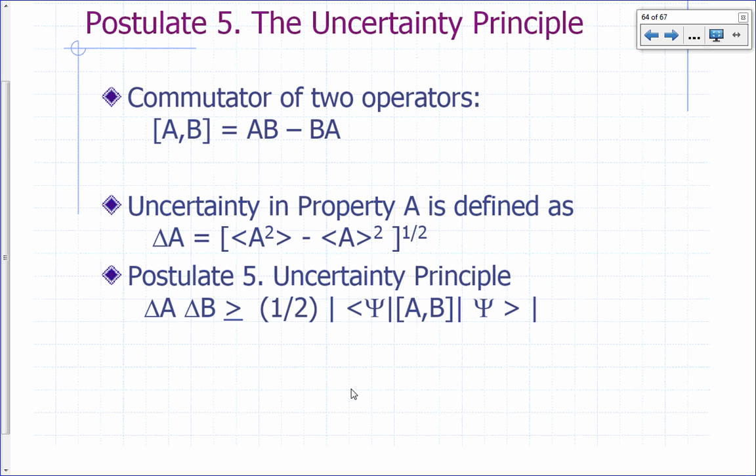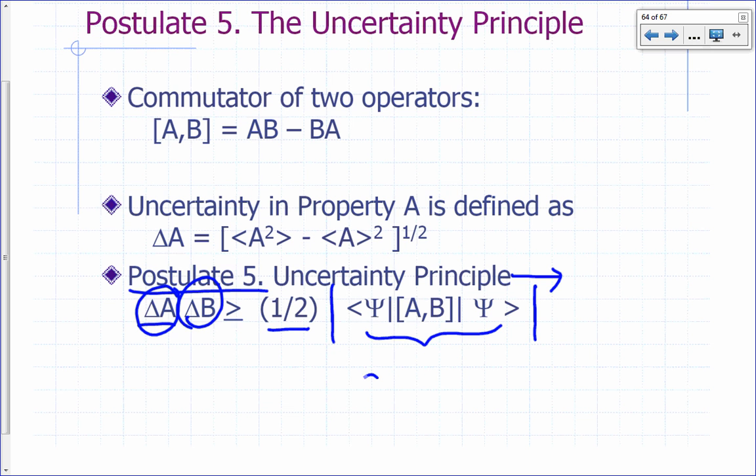Okay, the uncertainty principle, in this postulate number 5, we're going to call it number 5. We are making this postulate, which is essentially a statement of the uncertainty principle. We're saying that the product of the uncertainty in A times the uncertainty in B must be larger than or equal to 1/2 the absolute value of this integral right here.